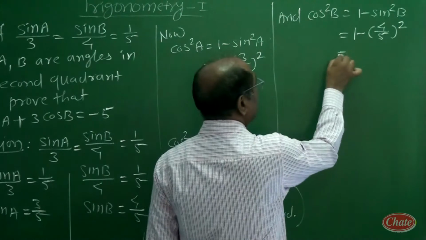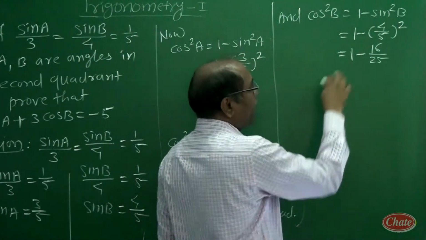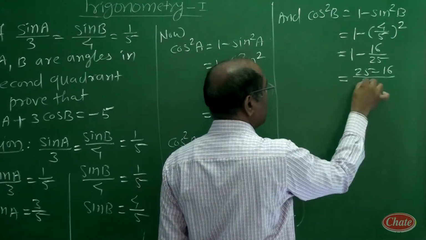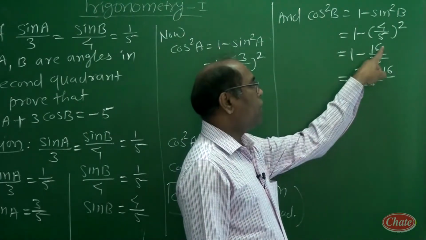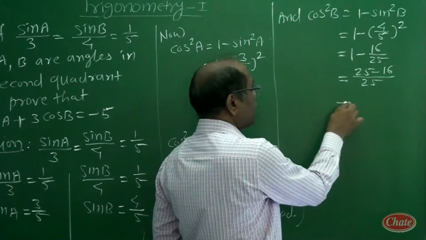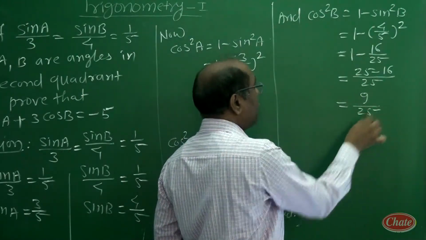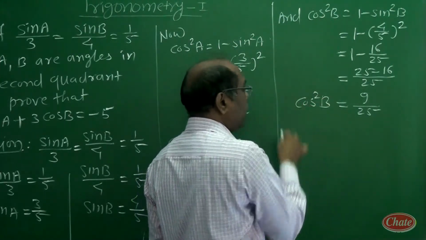Now to simplify that term, 1 minus 16 upon 25. If you take the cross multiplication, 25 minus 16 upon 25, so we get 9 upon 25. So it is the value of cos square B.